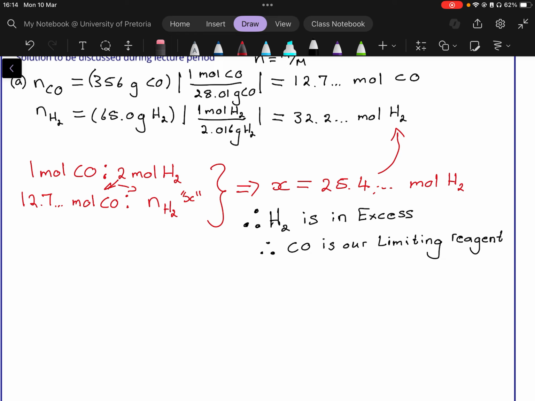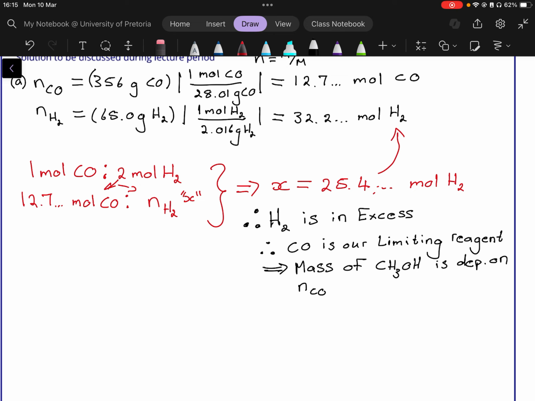Once we have our limiting reagent, it means it dictates the mass of the product. Mass of CH3OH is dependent on the number of moles of CO. So that is why it's important, because our limiting reagent dictates how much of our product can form.